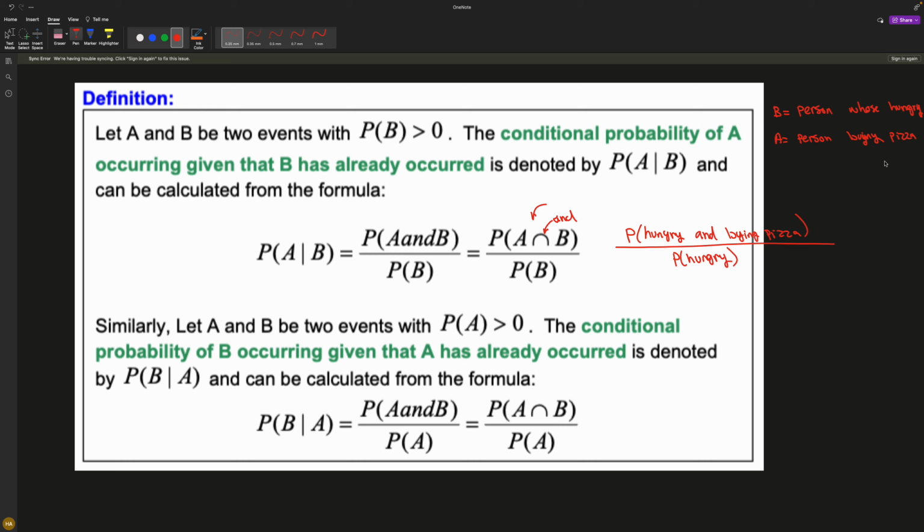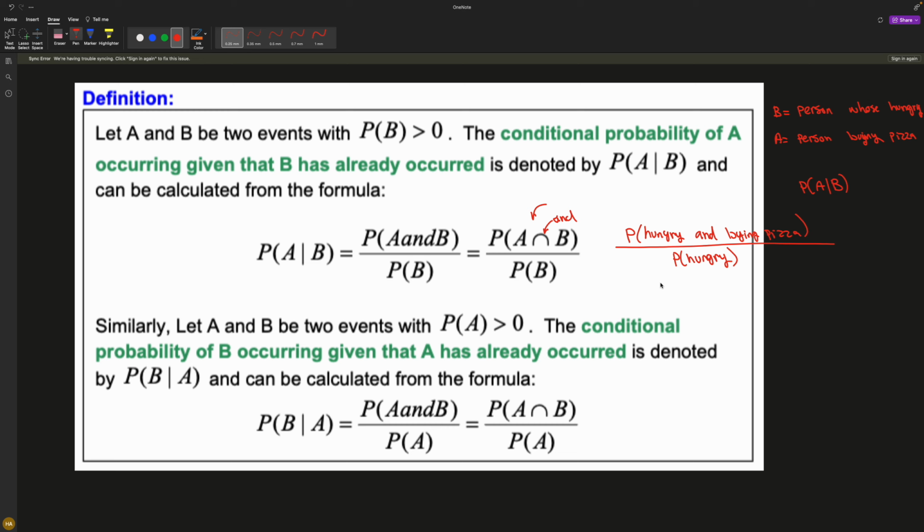Because remember, ultimately our goal is to find the probability of A. But we're not trying to find just anyone buying pizza. We're being specific. We want the probability of A assuming they are hungry. So we find the probability of everyone that's hungry, then the probability that everybody's buying pizza, and then we take everybody that's hungry and buying pizza.